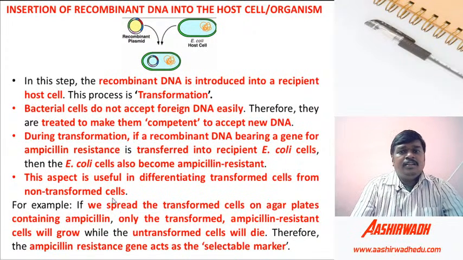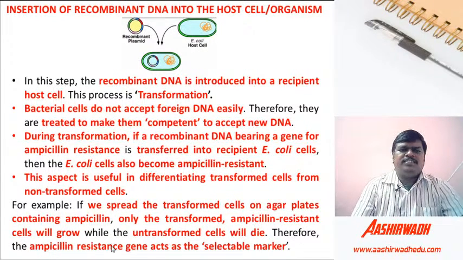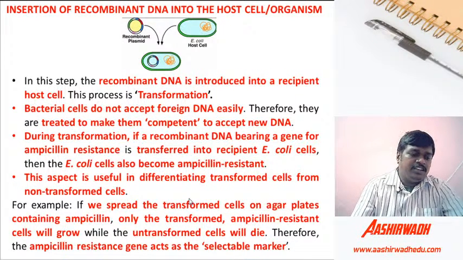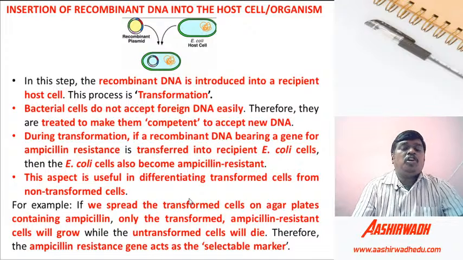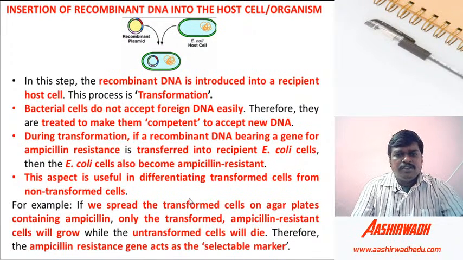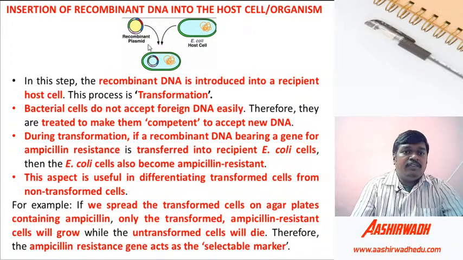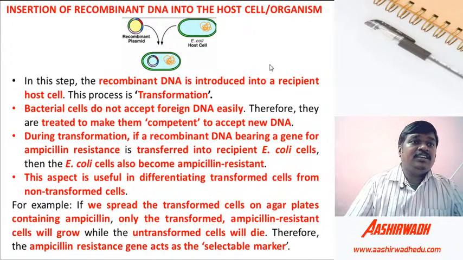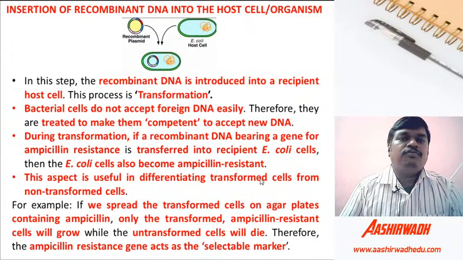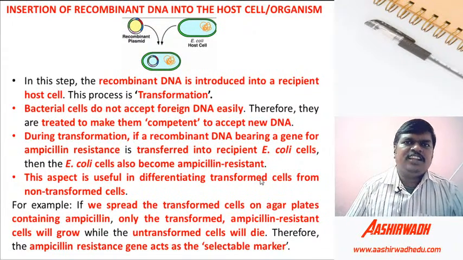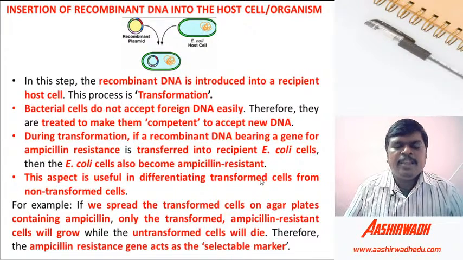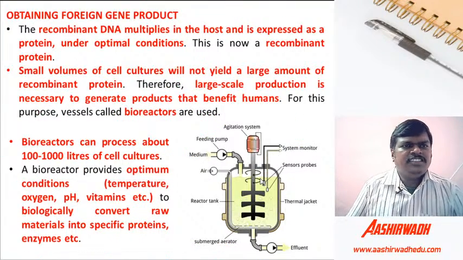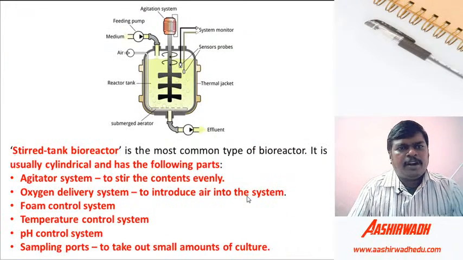The ampicillin resistance makes the host cell competent to accept the recombinant plasmid, and that's why ampicillin resistance genes, the selectable markers, are present in the plasmid itself to make the host cell competent enough to accept the recombinant plasmid. Next is obtaining the foreign gene product.